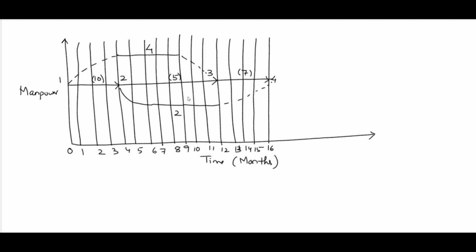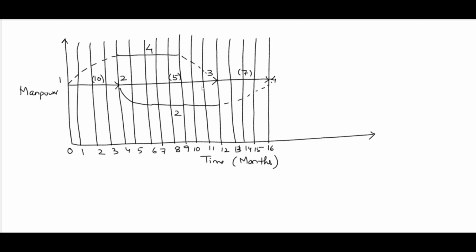Up to 7 we have a dotted line, so there is no 4 and up to here there is no 2. Here 7 plus 2 is 9. But for this zone we have 4. So there is only one option: we have to make one dotted line on the critical activity.